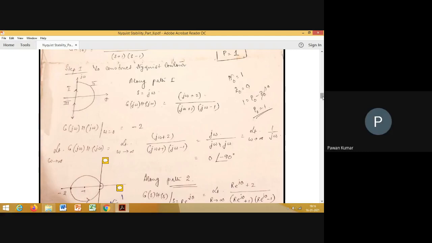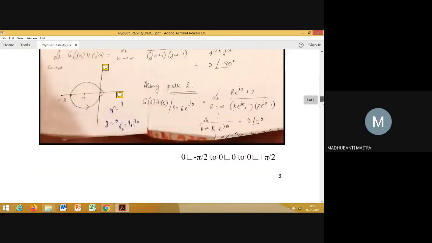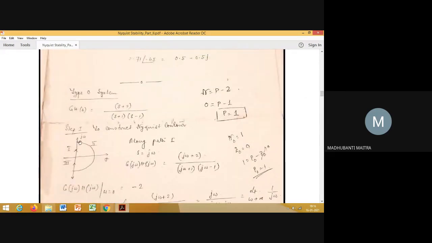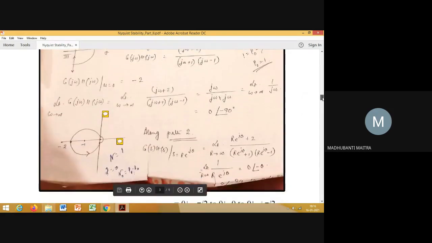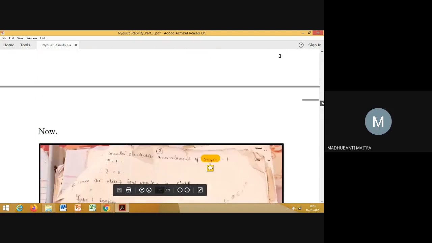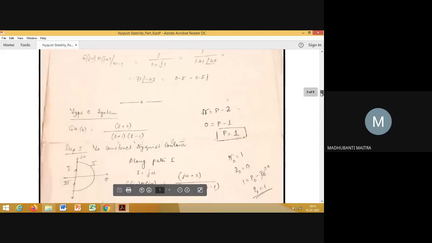Only the origin one, right? So if we take this closed contour to be a Nyquist contour, then for type 1 system onwards, we'll find that the contour will pass through a singular point of the given G(s)H(s). Hence, this particular contour is a valid Nyquist contour only for type 0 system.